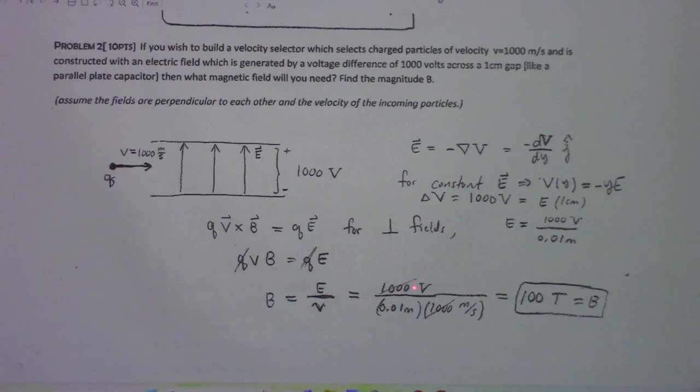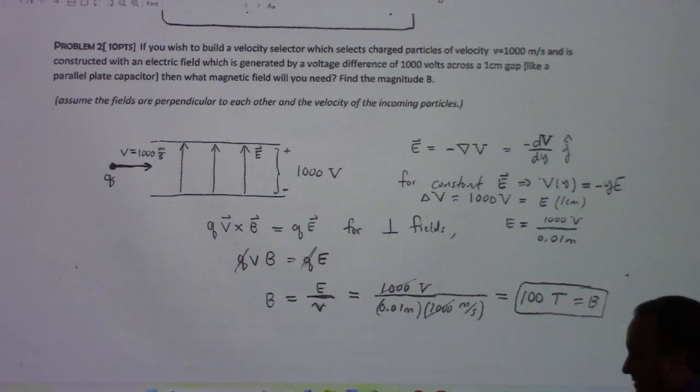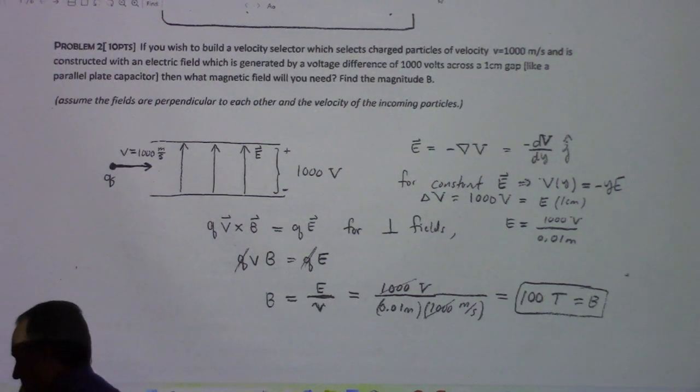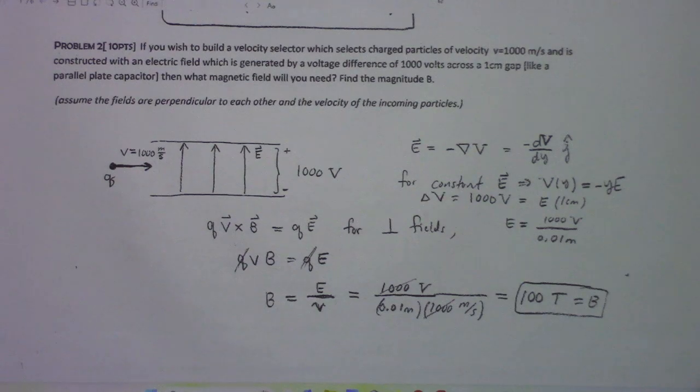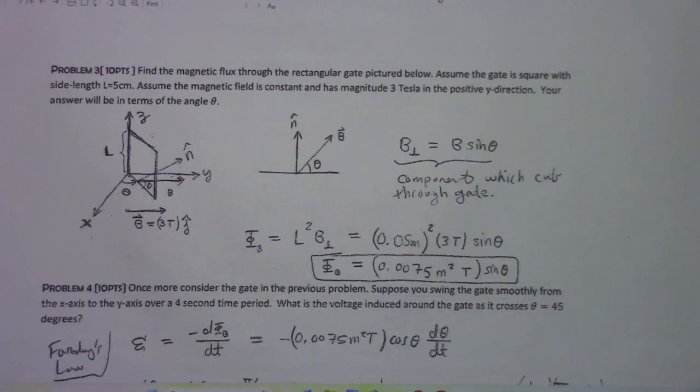Another way to look at it is the voltage is equal to E times D. So 1,000 volts over 0.01 meters gives me the electric field. And then I divide by the velocity, 1,000, which gives me 1 over 0.01, so apparently I need a 100 Tesla field to achieve this setup, which is kind of neat. So that's an example of a velocity selector.